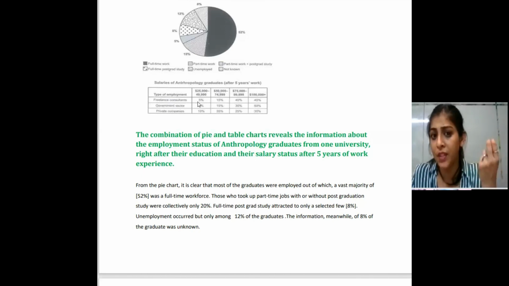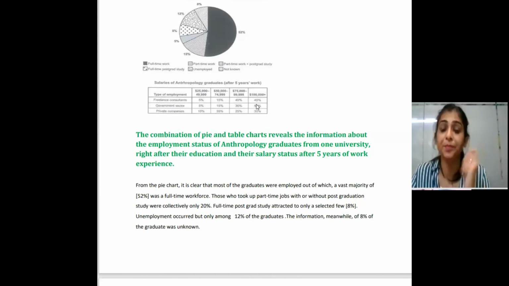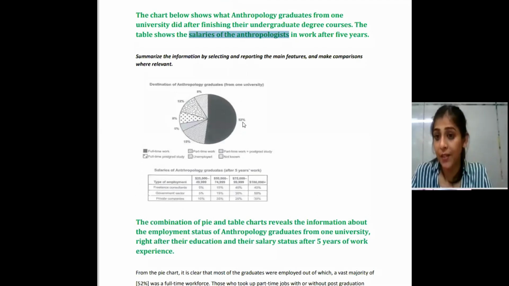If we make the sum total of these two, then they are 20%. Got it? And the same is the case with the government sector, 20%. So only few of them earn low wages. Otherwise, the majority of them earn high wages. Got it? Now we have understood it, we have simplified it.